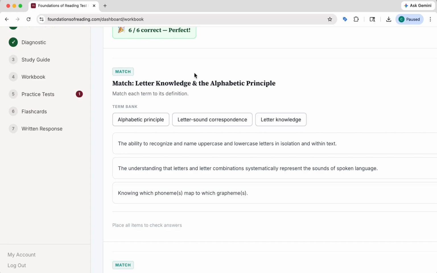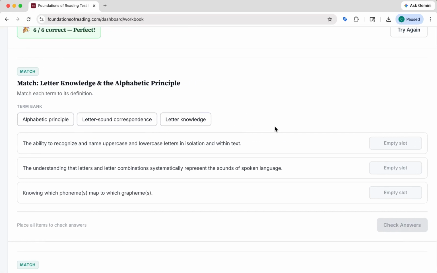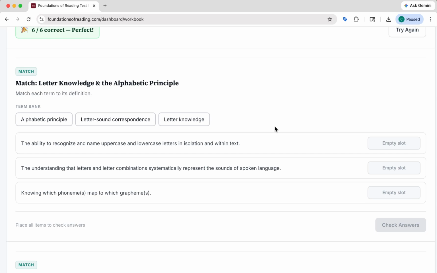But then on test day, you go, oh, wait, what's the difference between alphabetic principle and letter knowledge, right? That's why I like this interactive workbook so much.